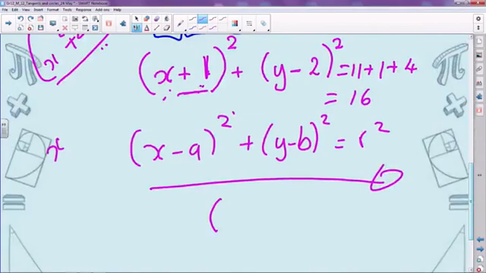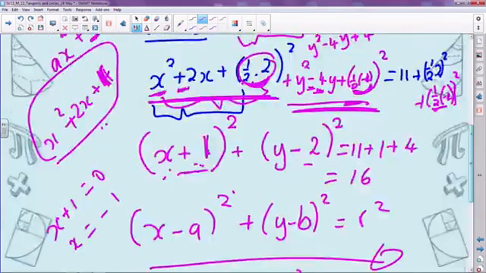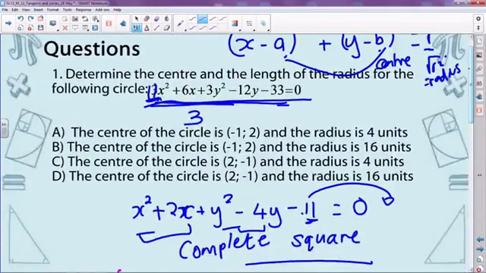So if you're thinking about it like x plus 1 is equal to 0, then the x coordinate of the center would be minus 1. So the x coordinate of the center is going to be minus 1, the y coordinate is going to be 2. All right, so we see that in B, we have that the center is minus 1, 2. We see that in A, the center is also minus 1, 2. The difference comes in this. Is the radius 4 or is the radius 16?